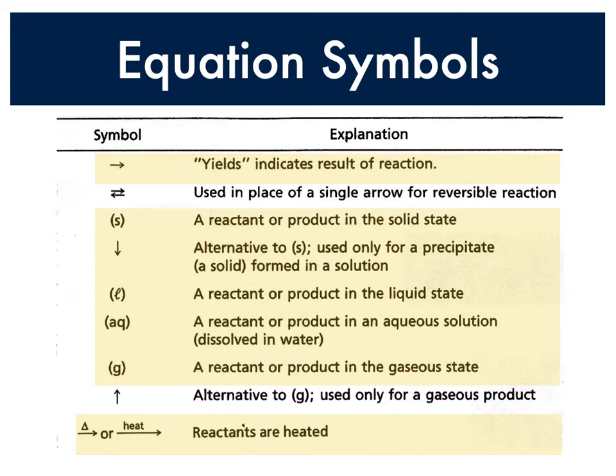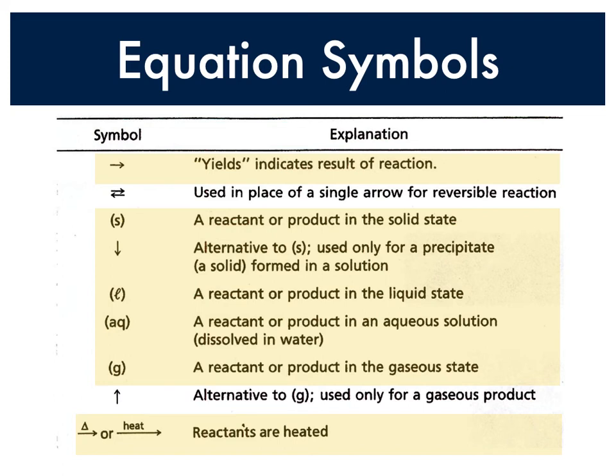There are 4 states of matter to be aware of. Things that react in solid state, we put in parentheses, generally subscripted, an S. If you ever see a down arrow next to something, particularly a solid formed as a product, that is what we refer to as a precipitate.